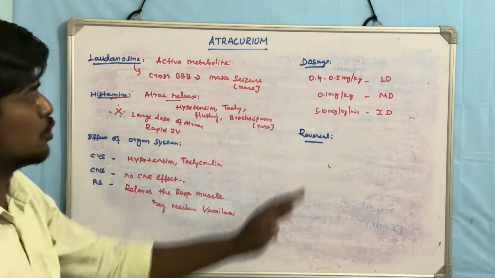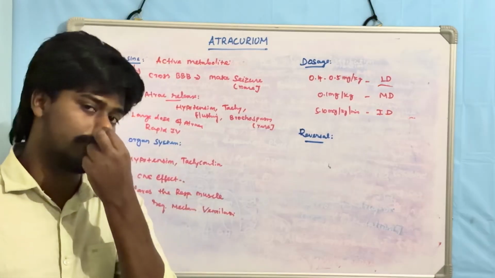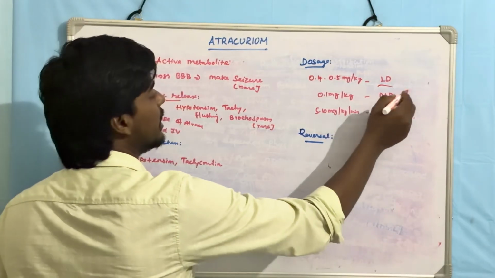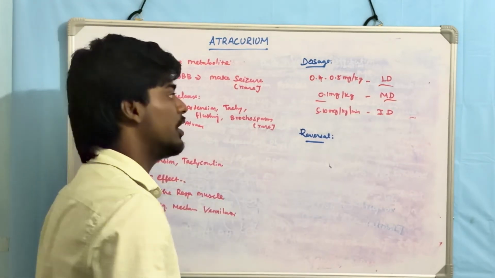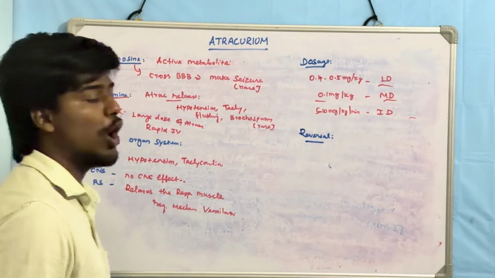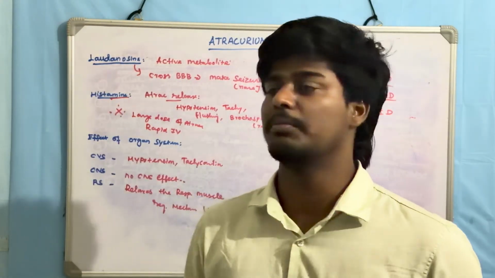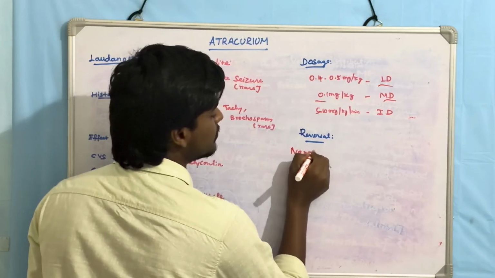And we'll learn about the dosage. The loading dose of Atracurium is 0.4 to 0.5 milligram per kg, the maintenance dose is 0.1 mg per kg, and the infusion dose is 5 to 10 microgram per kg per minute. So how do we reverse Atracurium? Atracurium is reversed using neostigmine.